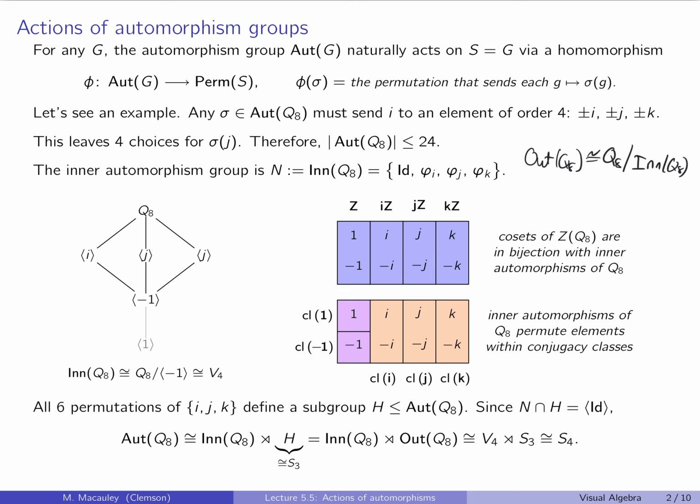The idea is that there are 6 truly distinct automorphisms up to conjugacy, all these permutations, and then once we do one of those, we can conjugate to get the rest of them. So the automorphism group of Q8 is a semi-direct product of V4 with S3, and that's not obvious, but that is isomorphic to S4.